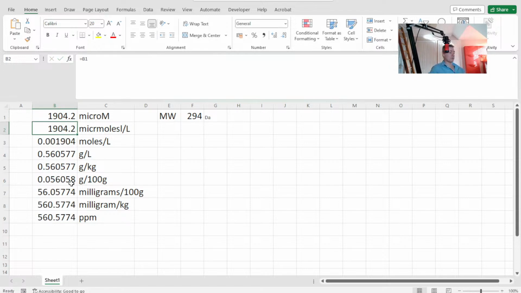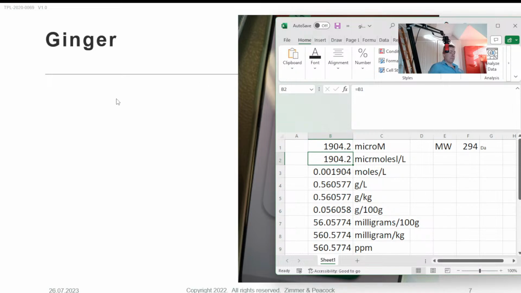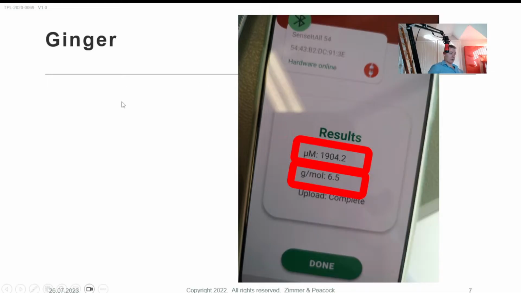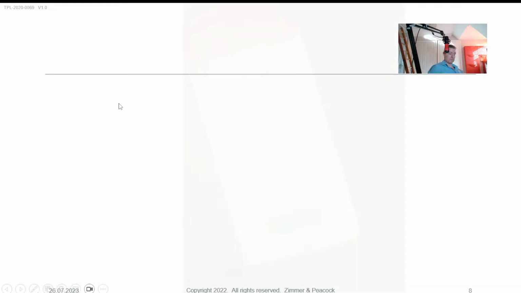That will give them an answer of 0.056 grams per 100 grams, though I'm not sure that's the best unit to think of this in. I have taken it down to be 560.58 ppm.